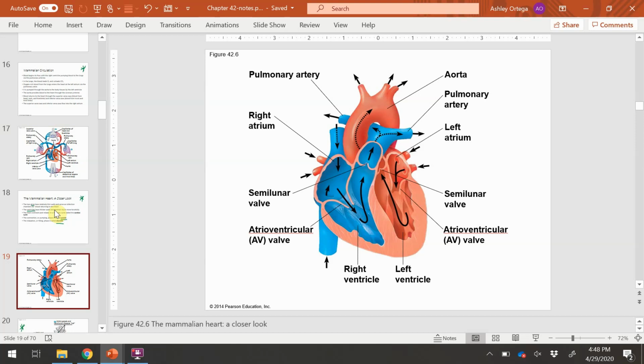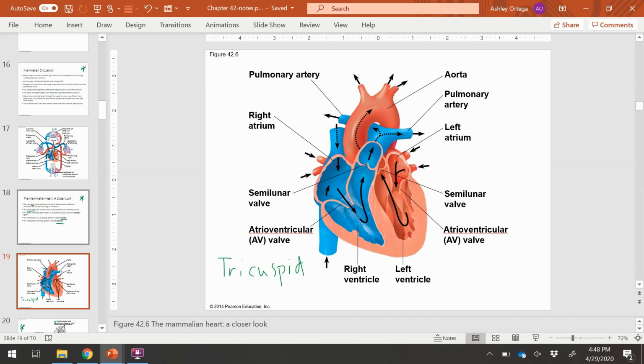And so that's also called a tricuspid valve. And so moving out from the right ventricle to the pulmonary arteries, there's a second valve called the semilunar valve. And this prevents backflow of blood that would keep blood in the heart otherwise.